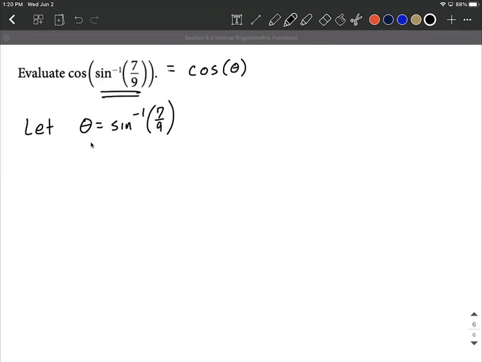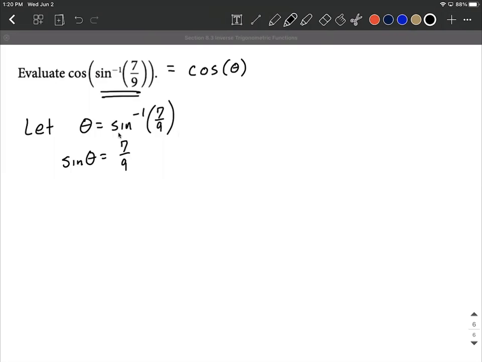The next thing I'm going to do is rewrite this, instead of in terms of sine inverse, in terms of sine. If theta is equal to the sine inverse of 7/9, that means that sine of theta is equal to 7/9. Basically applying a sine function to the left-hand side and a sine function to the right-hand side.